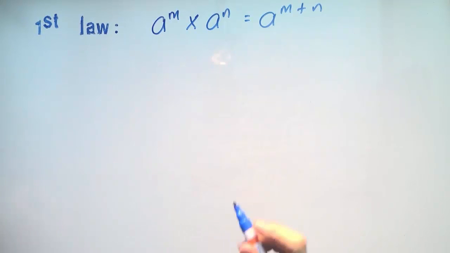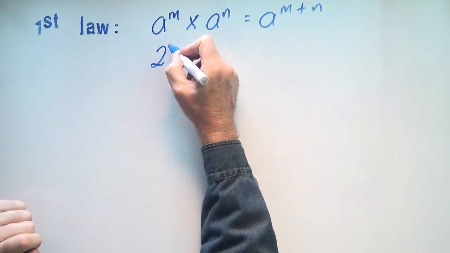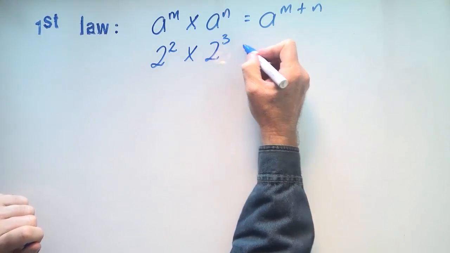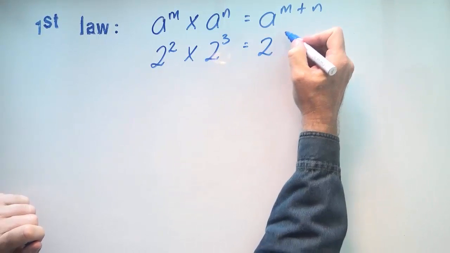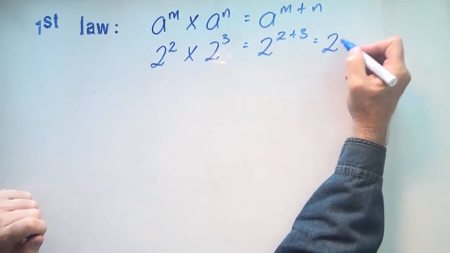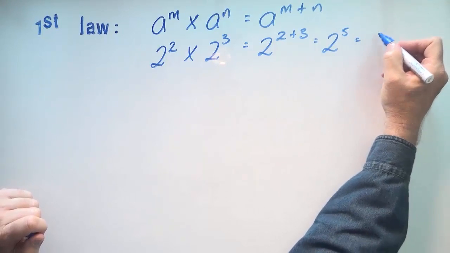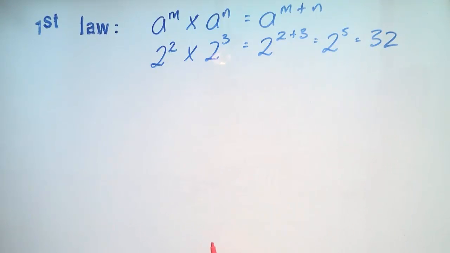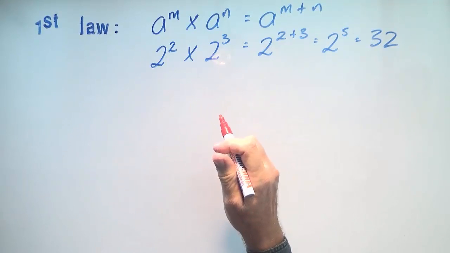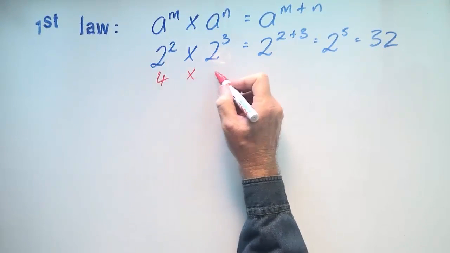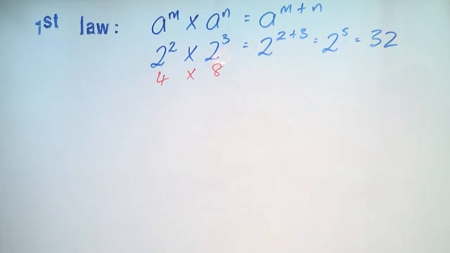For example, if I had 2 squared times 2 cubed, that would be 2 to the 2 plus 3 equals 2 to the 5 equals 32. If I were to follow the order of operations, then I do exponents first. So that would be 4 times 8 equals 32.